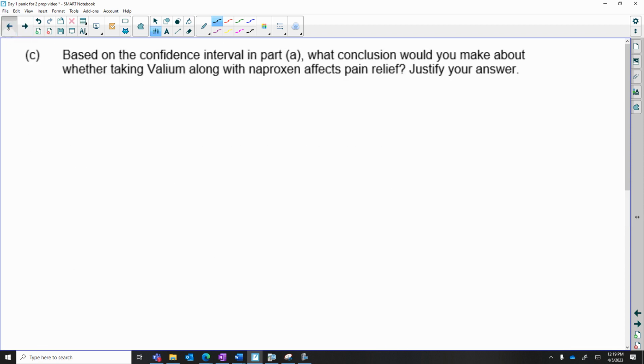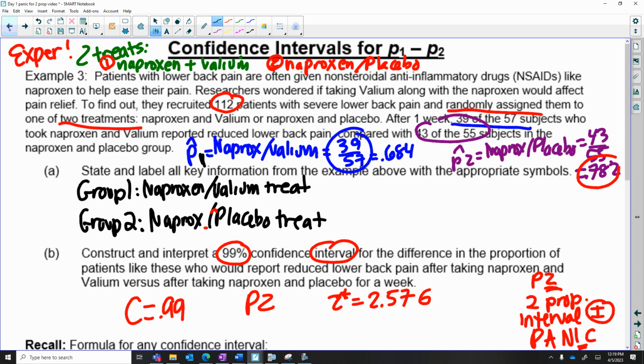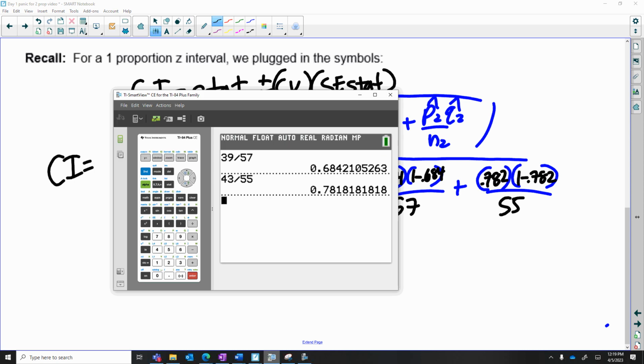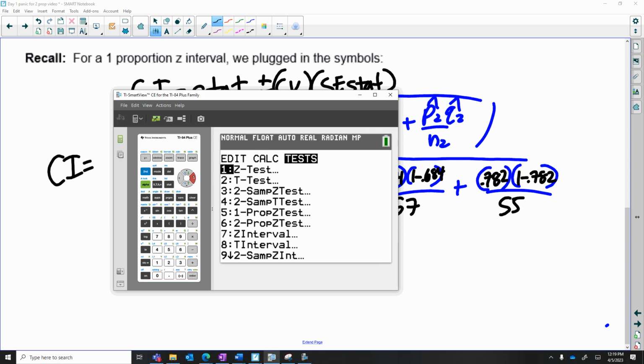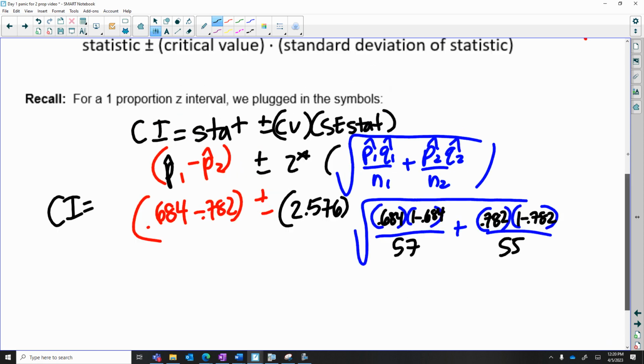On the calculator, you're going to go to STAT, go over to TESTS, and find the 2-PropZInt. Remember, for the do now it was a 1-PropZInt. Now it's a 2-PropZInt, letter B, right underneath A. Choose that. Now you're going to put in X1, N1, X2, N2. Not so bad. You just have to know where to look.